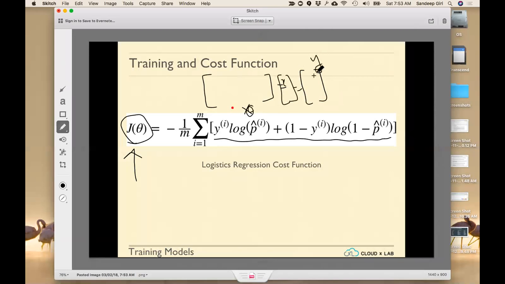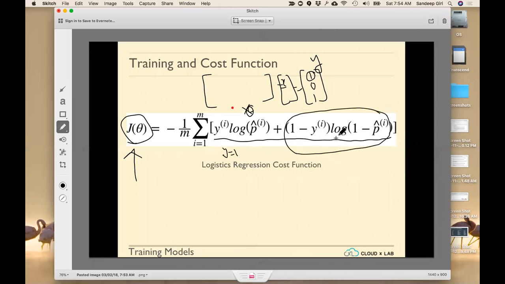So what we are saying is, if y is say 1, only this portion will remain visible. This is for y equals 1. If y equals 1, this will become 0, and if this becomes 0, the whole function disappears.